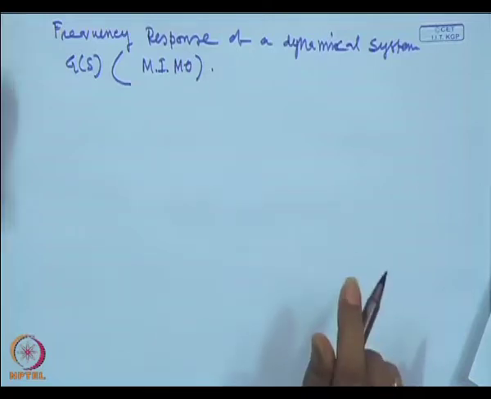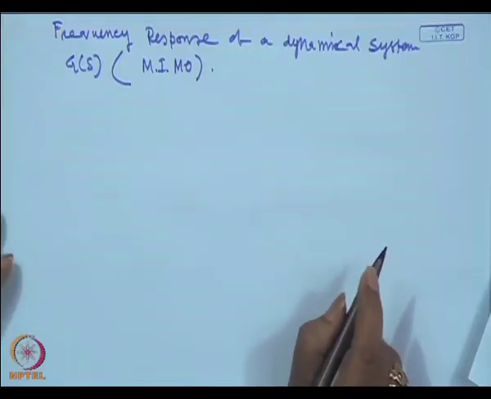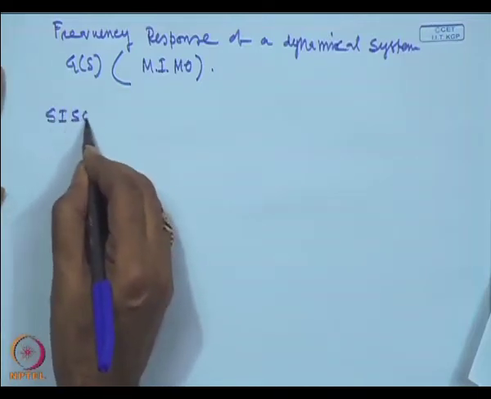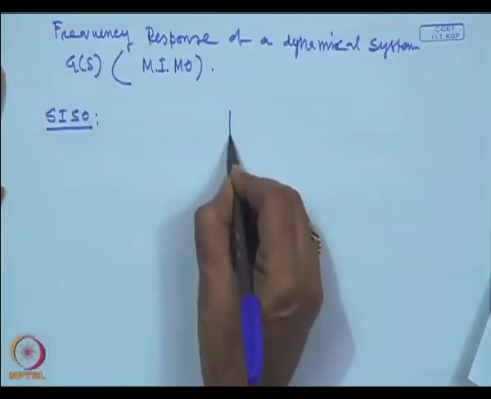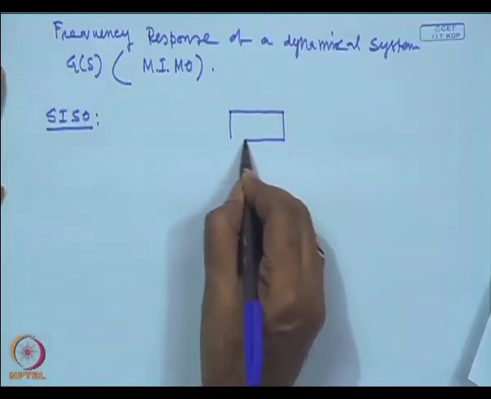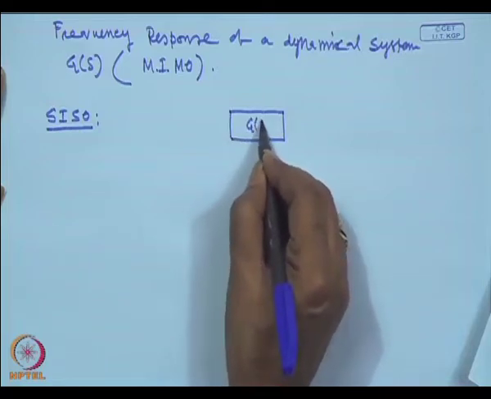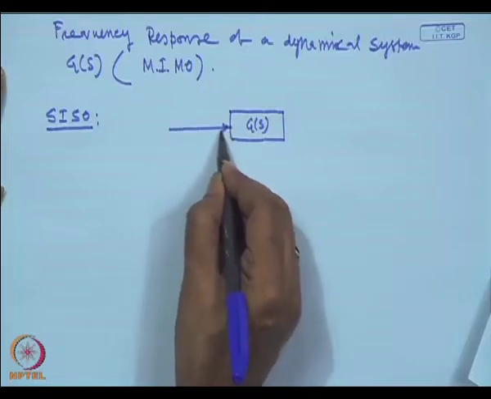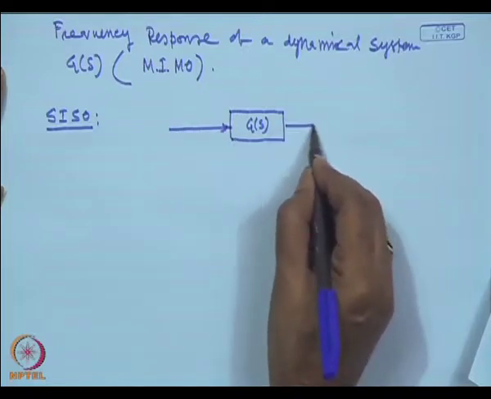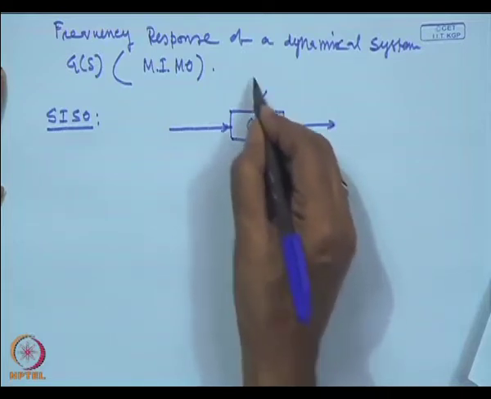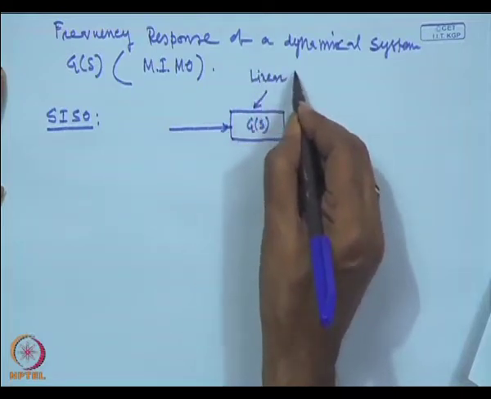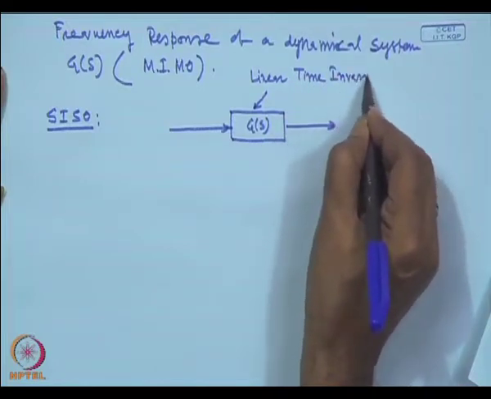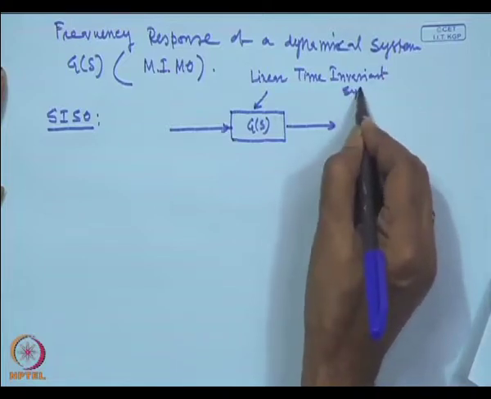We have discussed single input single output a little bit. We know it from the undergraduate class also. So, briefly I will first discuss the frequency response of single input single output. Suppose a dynamic system is described by a transfer function model G(s). I want to get the frequency response of this one, and you assume the system is a linear time invariant system.